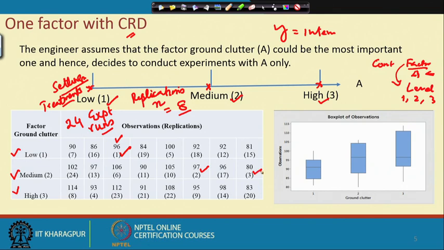Okay. Fourth one here. So, like this order of experimentation is random, and using random number, you generate different orders. Here actually the 24 observations, what way we have done this one?